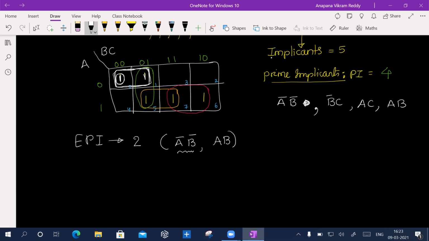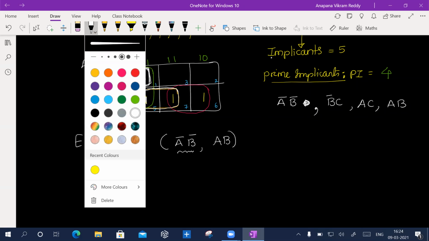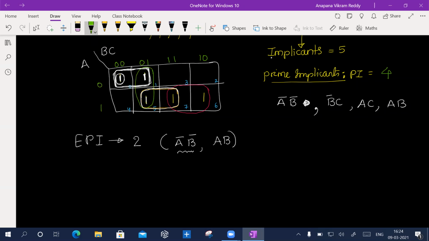In the same prime implicant group, this rectangle, this one is covered with whom here? This one can get paired with this PI. This yellow is also one PI, right? Yes, this one is covered with this one. So I cannot take this PI as an EPI.